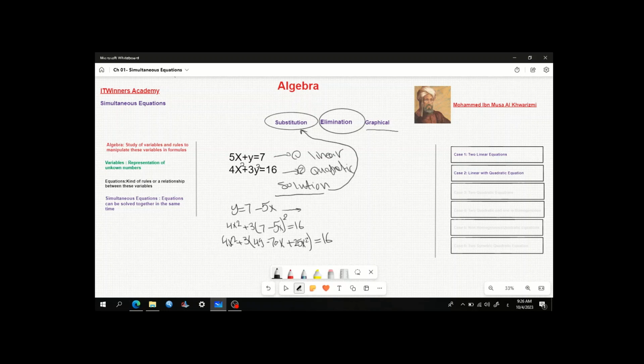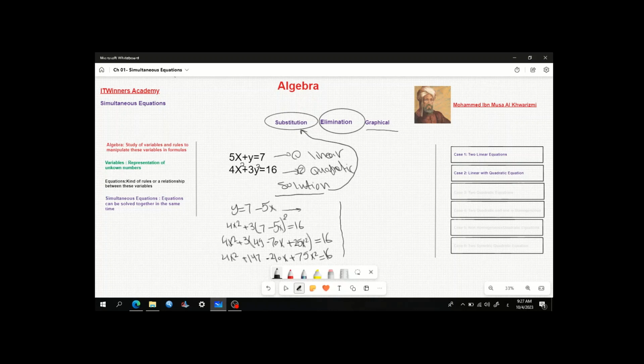Let's multiply this 3 into the bracket. So 4x squared plus 147 minus 210x plus 75x squared equals 6.